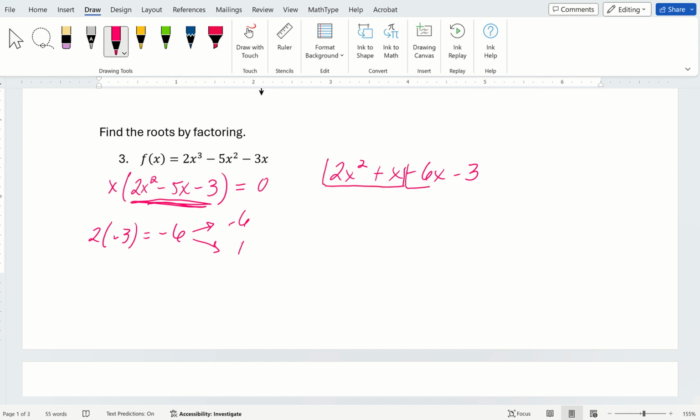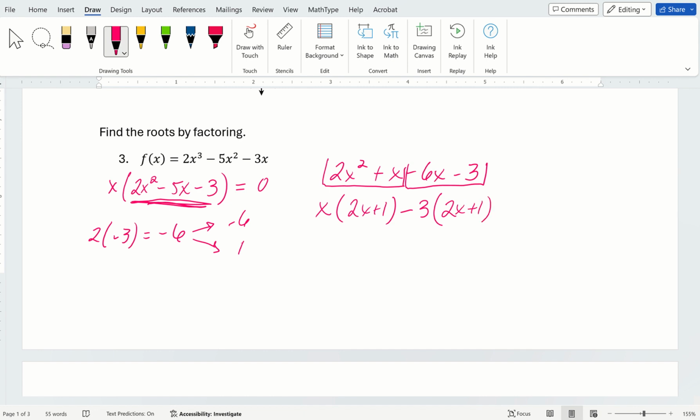So I'm going to group the first 2 terms and the last 2 terms, and then I'm going to factor out the greatest common factor. So the greatest common factor between these 2 terms is x, and I'm left with 2x plus 1. I'm going to bring my sign down, and then here the greatest common factor is 3. So if I'm factoring out a negative 3, I'm left with 2x plus 1.